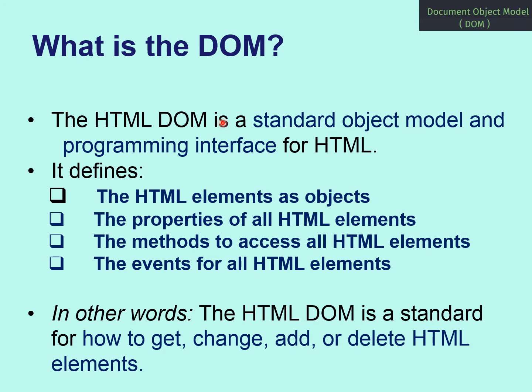The HTML DOM is a standard object model and programming interface for HTML. We are mainly concentrating on the HTML DOM. It defines the HTML elements as objects, the properties of all HTML elements, the methods to access all HTML elements, and the events for all HTML elements.